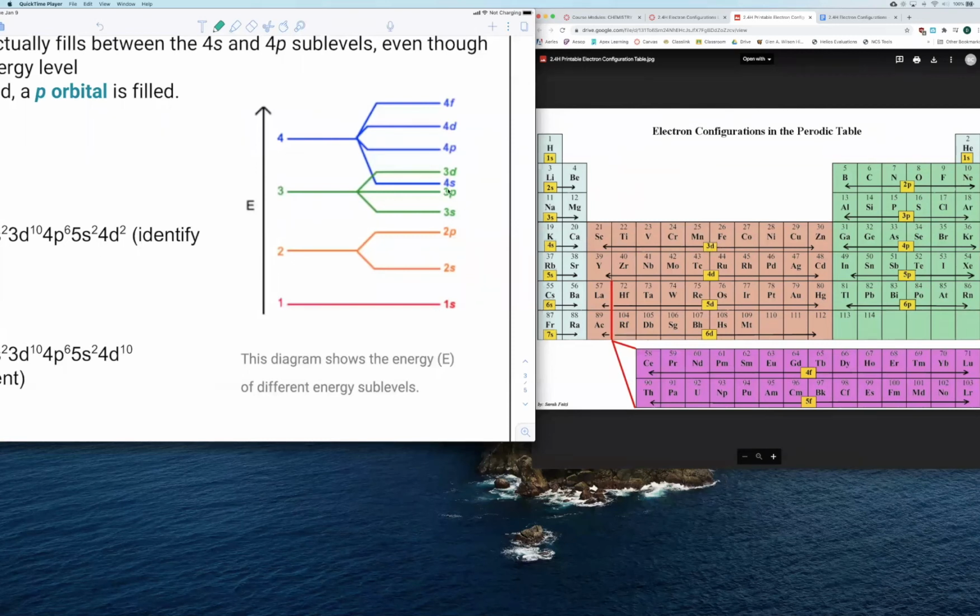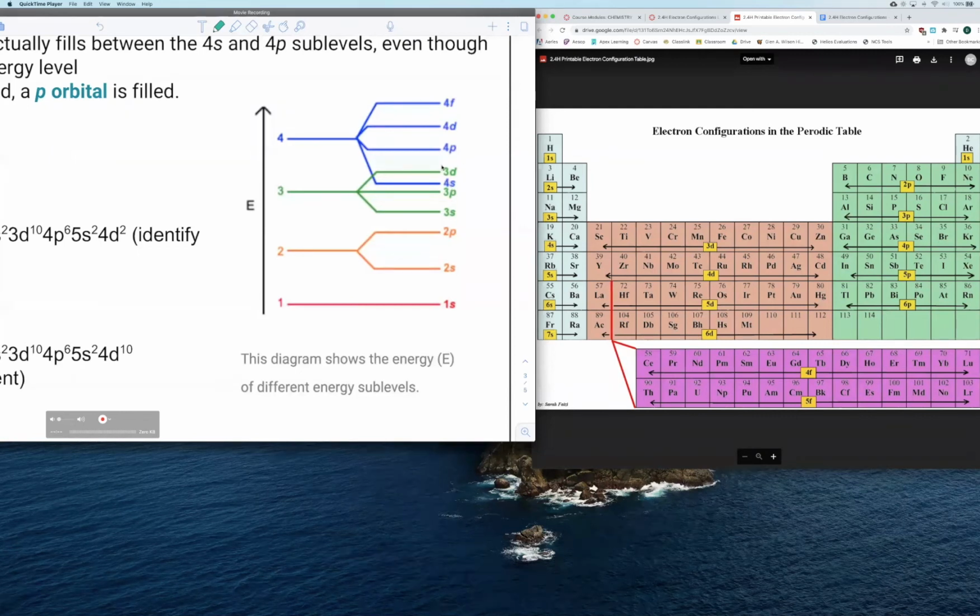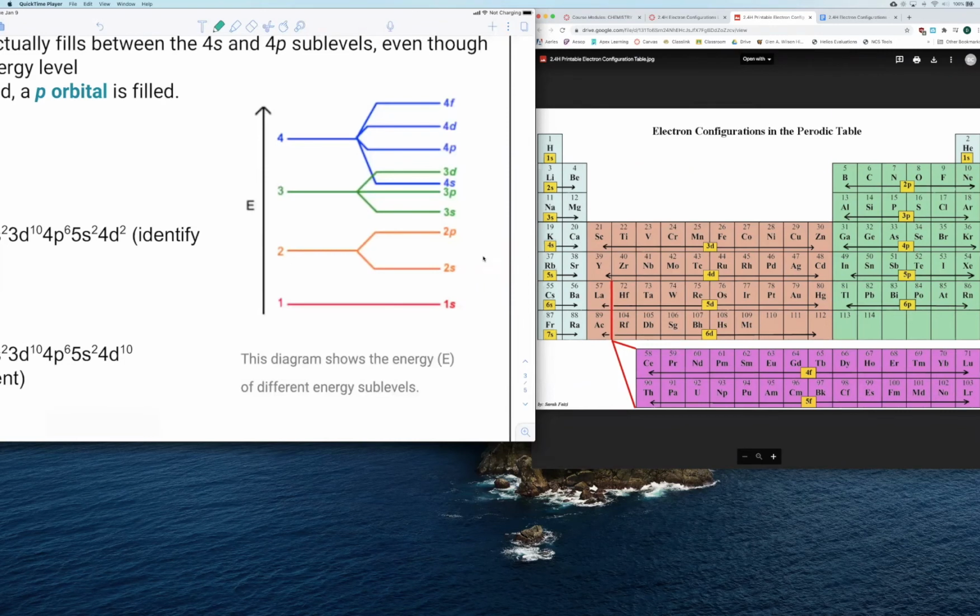So it goes in the order of this electron configuration table: 1s, 2s, 2p, 3s, 3p, 4s, and then 3d, and then back to 4p. If you're confused, just follow this chart so you don't accidentally write 4d here. You write 3d when you go in order.